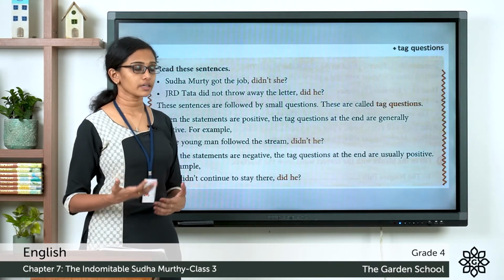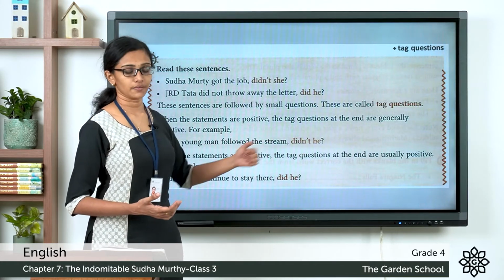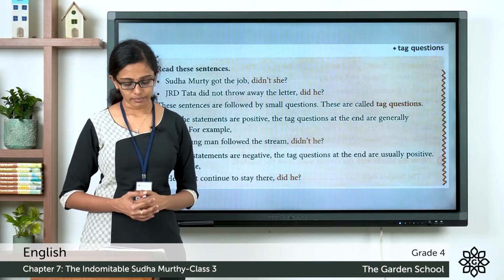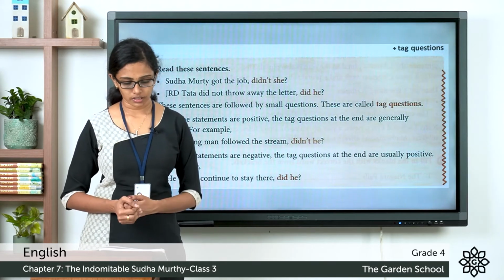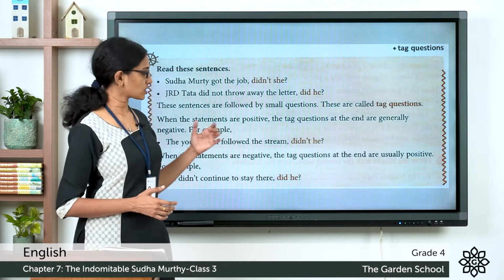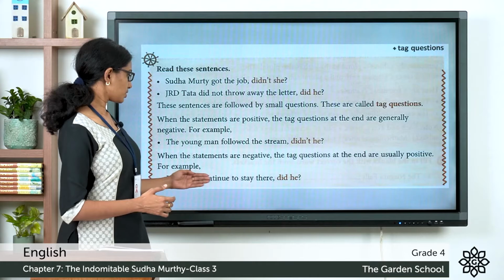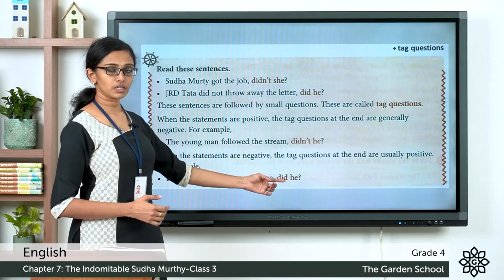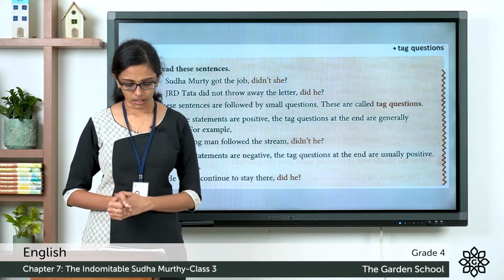So how do we tag a question which is negative? Followed, then didn't he? Now, when the statements are negative, the tag questions at the end are usually positive. For example, he did not or he didn't continue to stay there, did he? Here it was didn't. When you tag the question, it is did he. It turned into a positive phrase.